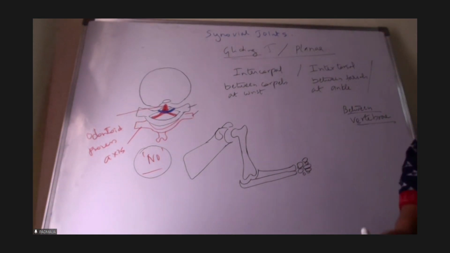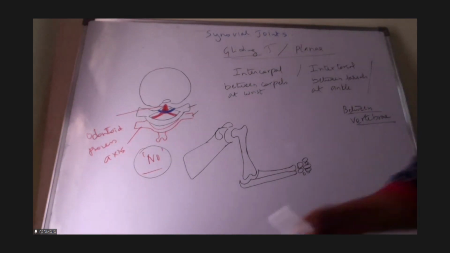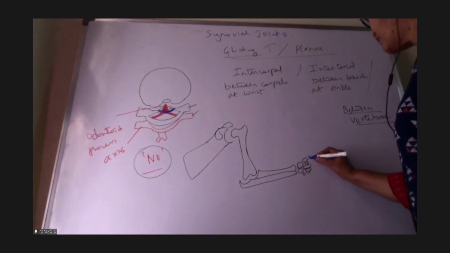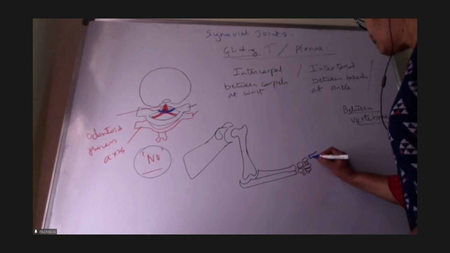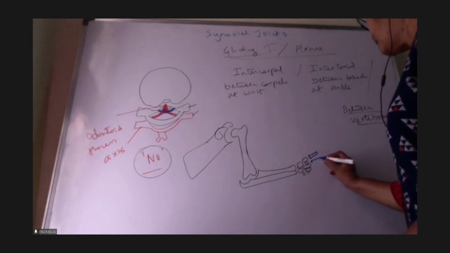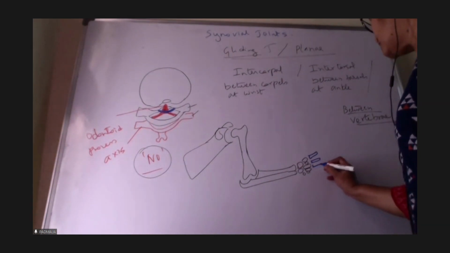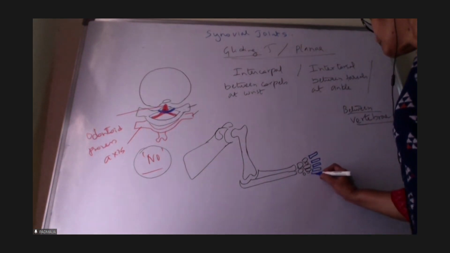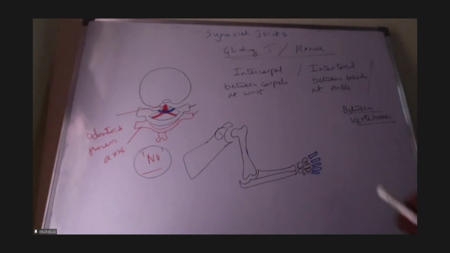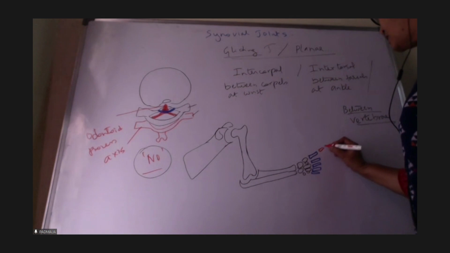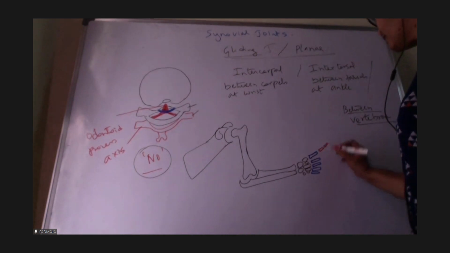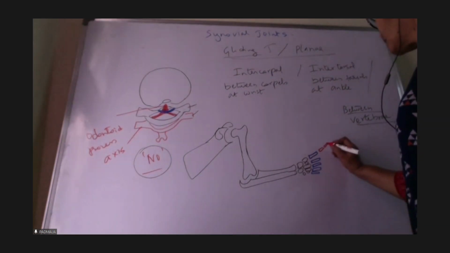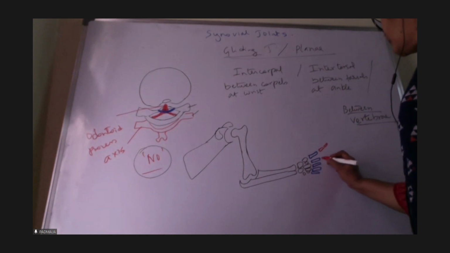And the metacarpals: the first metacarpal of your thumb, and the remaining four metacarpals. And you know the phalanges: two phalanges for your thumb, three phalanges for each remaining finger.